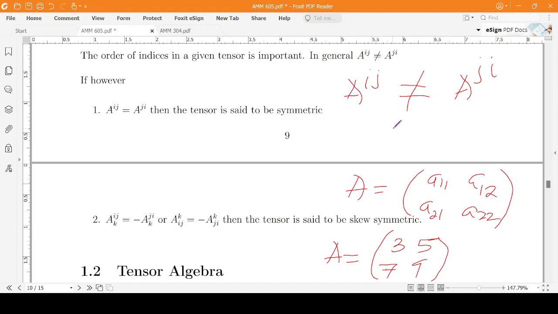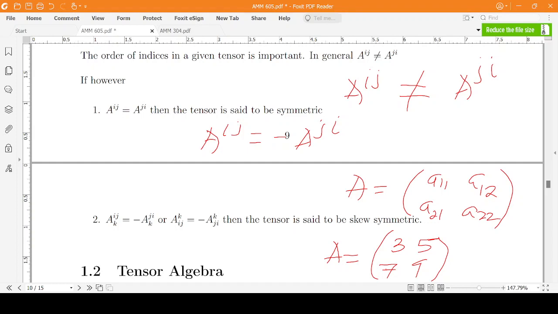So if Aij is equal to Aji, then the tensor is said to be symmetric. If, however, they differ only in sign, so that we have Aij is equal to negative Aji, then we shall say that the tensor is skew symmetric.